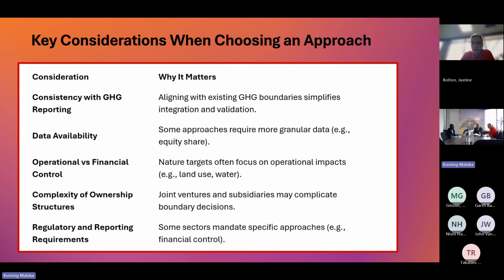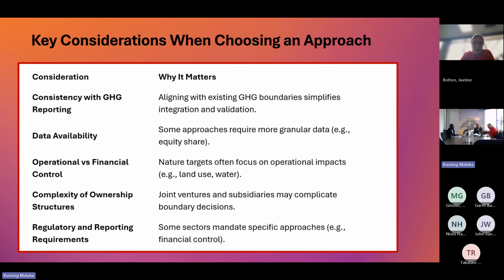It also might be quite disaggregated. So data availability is a key consideration. Complexity of ownership structures as well: you need to understand how your business model works, what that complexity is, and what would be the most appropriate approach.